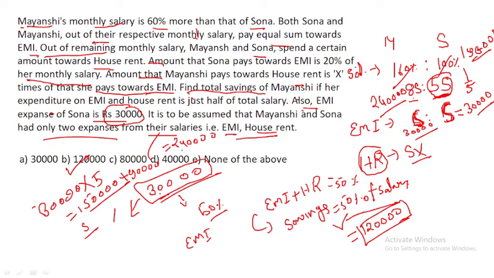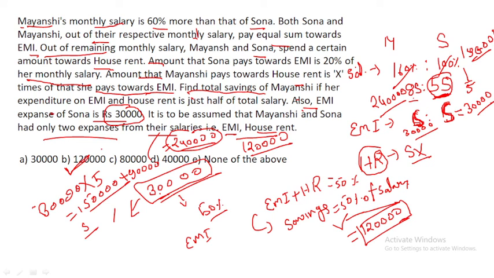And as we know, her saving is half of the salary. So half of 2,40,000 is 1,20,000. I hope you got this approach also. It seems lengthy, but it is not if your calculation is good. So our answer will be option B, 1,20,000. And I hope you get it very well.